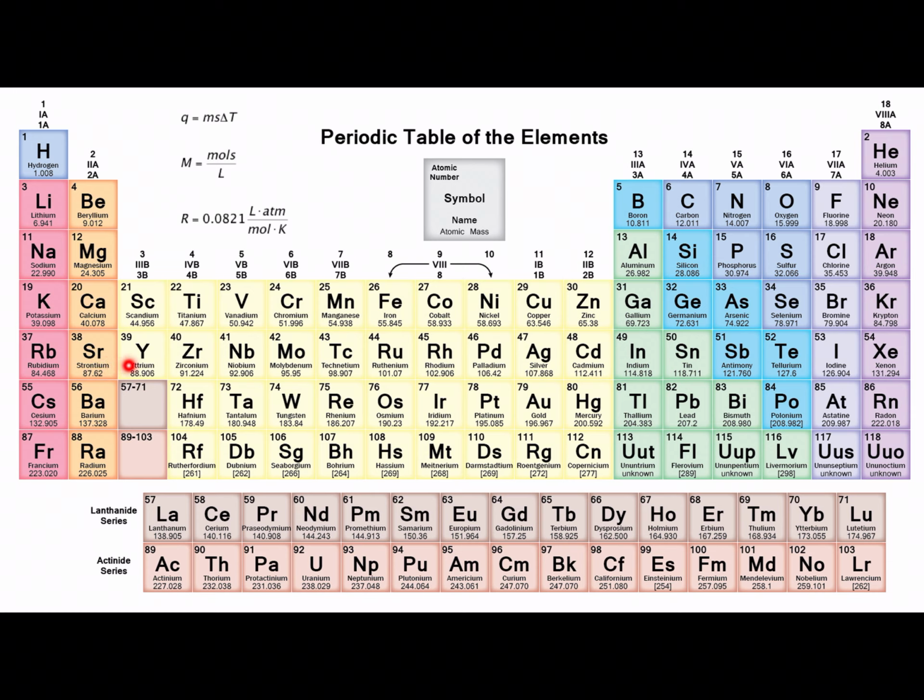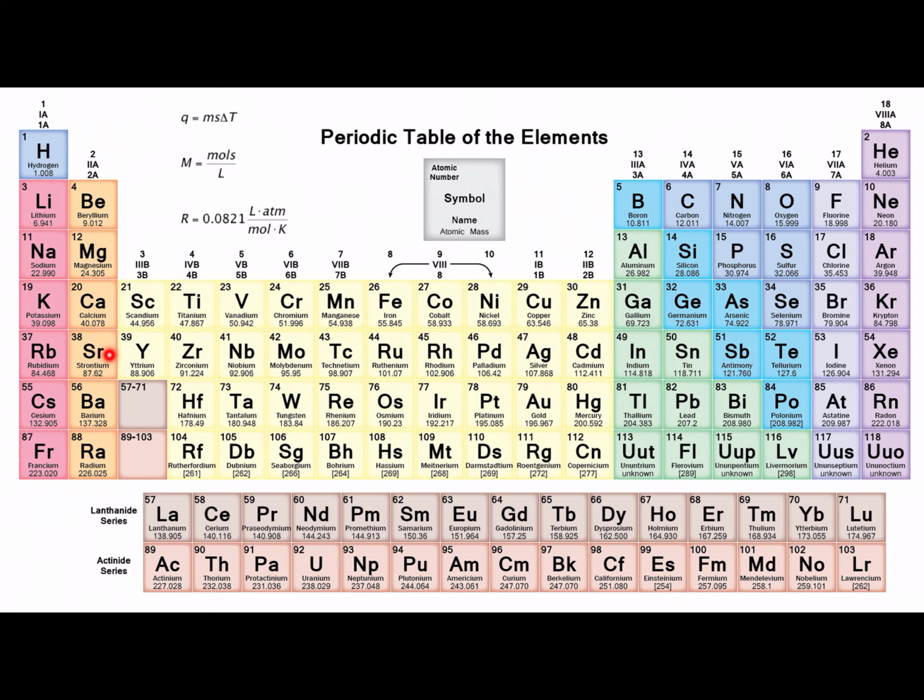Always d starts 1 less than the principal quantum number. So this is the fifth period. If this is the fifth s, your d is going to be 1 less than that, because the first time that the d starts filling is 3d. So this is the 3d series and this is the 4d.